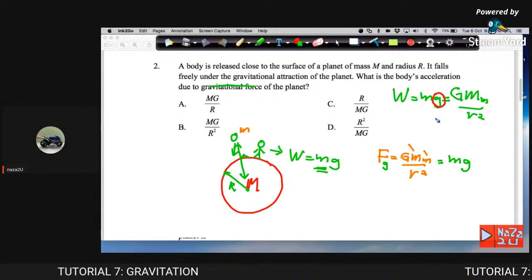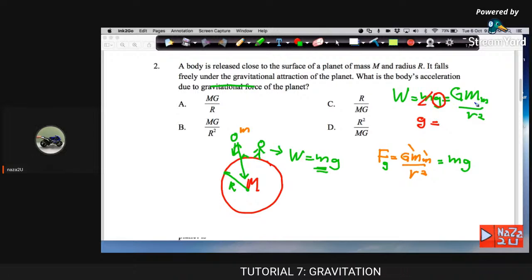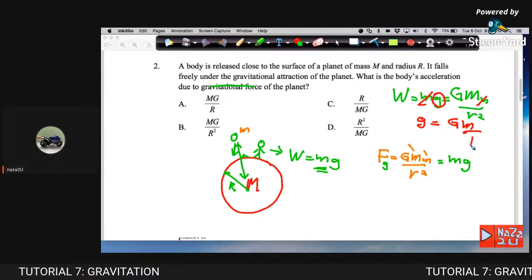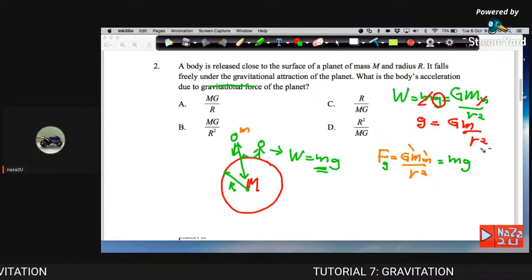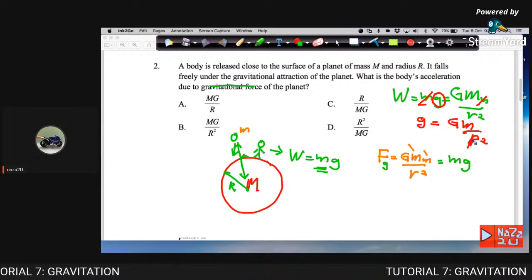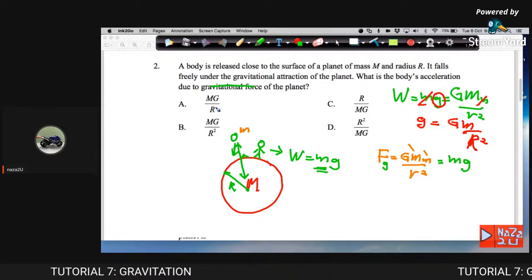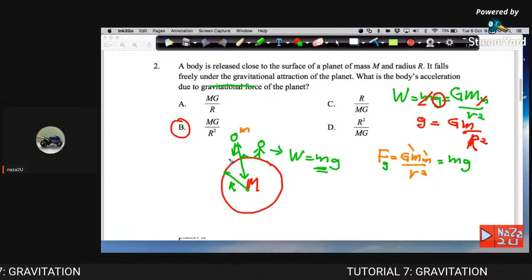So now the g here is equal to, because m cancel, GM over r square. So r, dalam kes ini kita pakai R, this is a radius bumi, radius planet, capital R, R square, right? So the answer is GM over R square. So B.